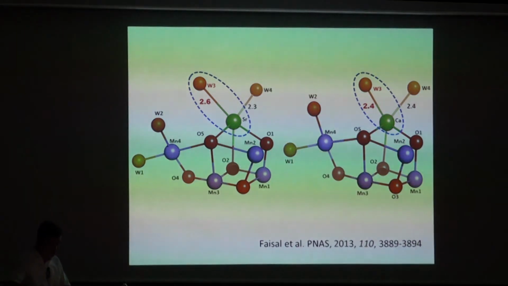And we compared the structure of the cluster in strontium and calcium containing PS2. There are several slight differences between the two structures. One of the most significant differences is here. The bond lengths between calcium and the two water ligands are both 2.4 angstrom in the original native PS2, but in strontium replaced PS2, the bond length between the strontium and one of the waters is 2.3 angstrom, which is very similar to the original calcium bond length.